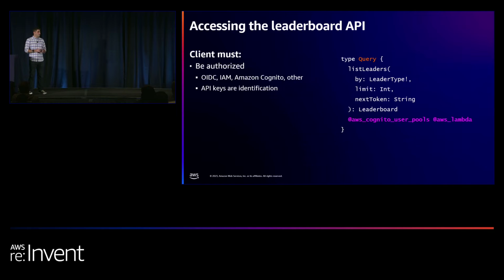So be careful when you use API keys outside of dev test type environments. In AppSync, you can add authorization directives directly in the GraphQL schema. So for example, that at AWS Lambda bit at the end essentially says there's a Lambda authorizer that can grant a client access to this list leaders query.